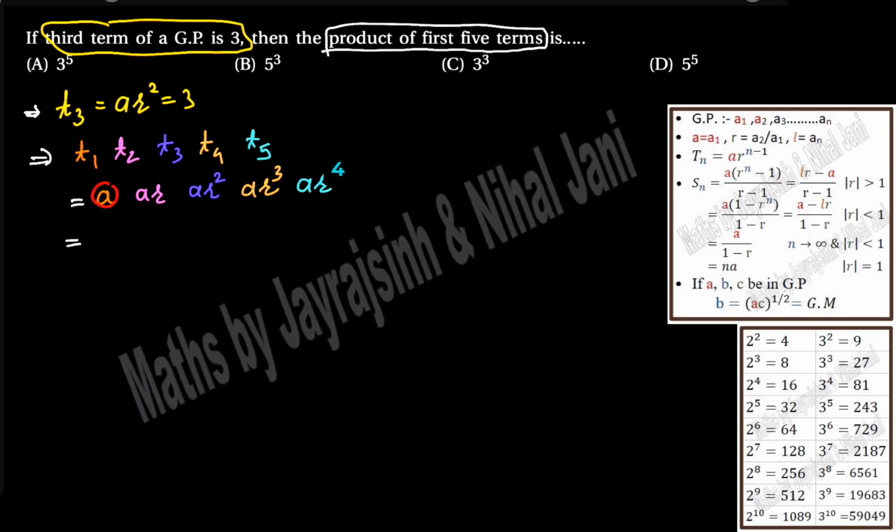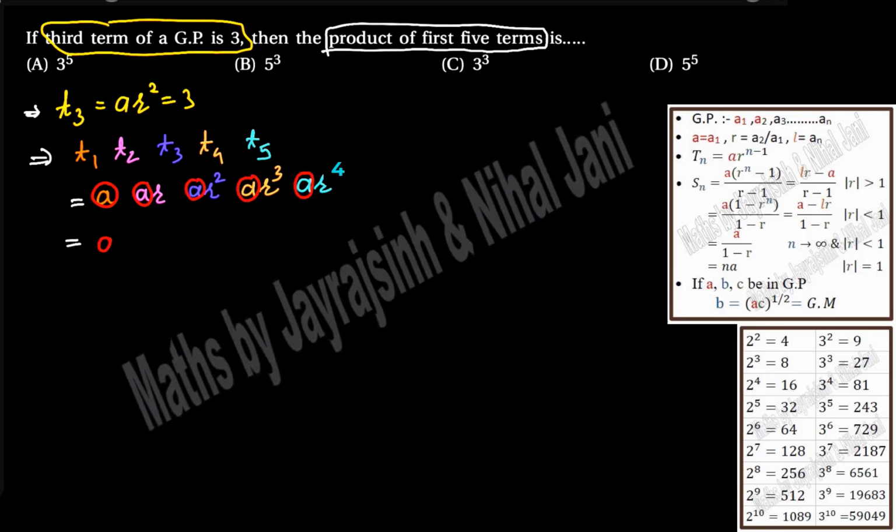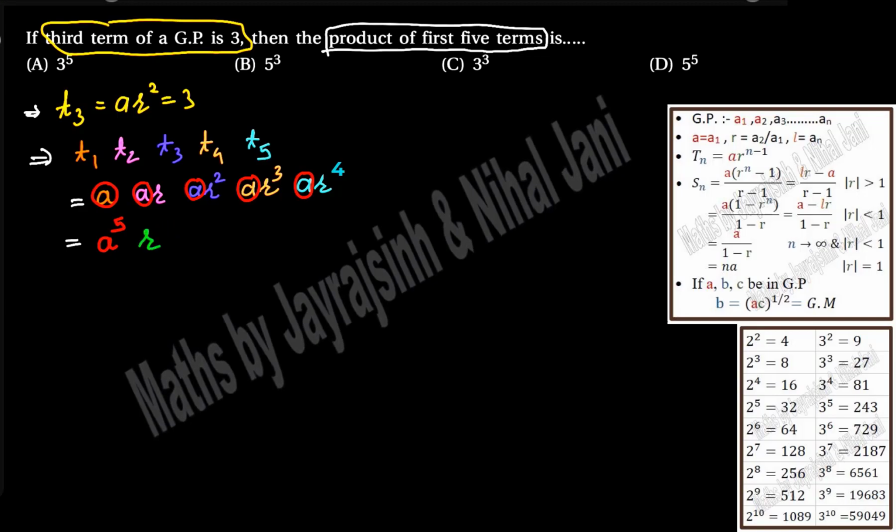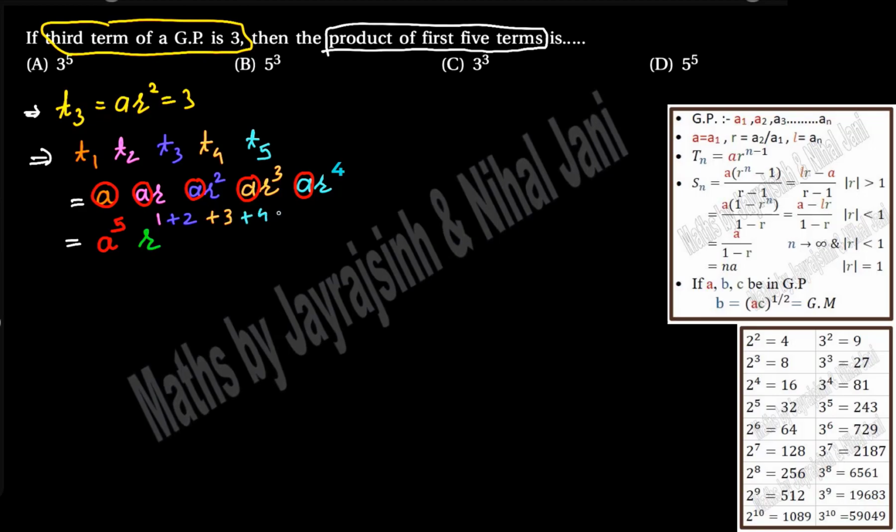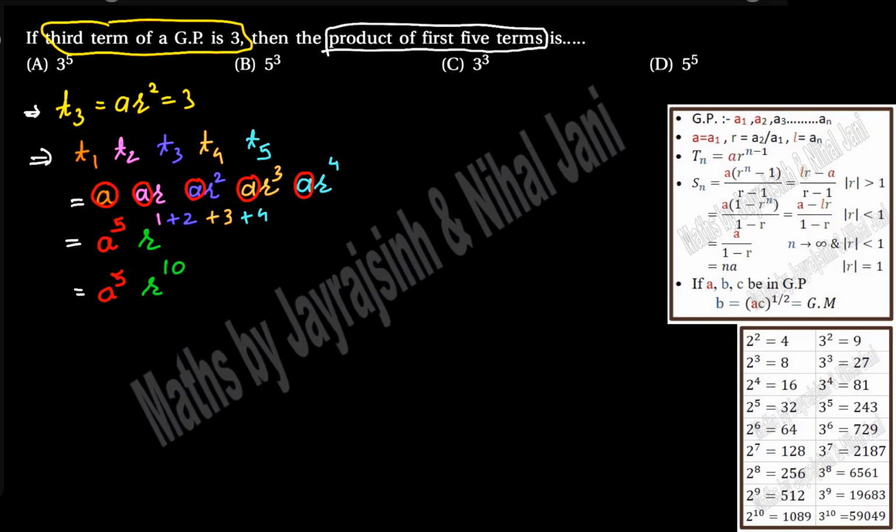So here we have 5 times A, so we'll get A raised to 5 and R raised to 1 plus 2 plus 3 plus 4. So here we'll get A raised to 5 and R raised to 10.